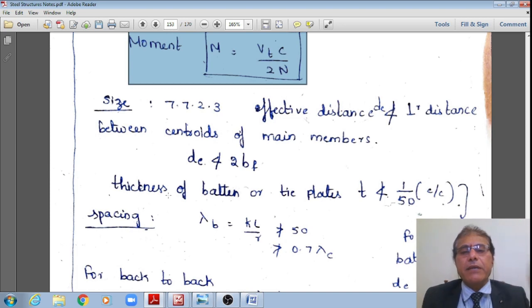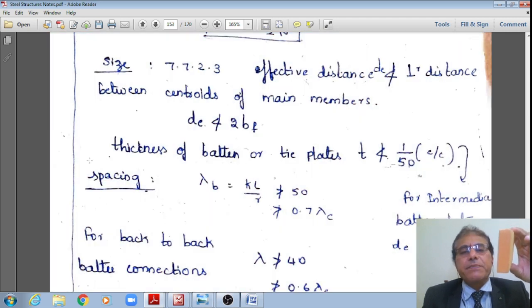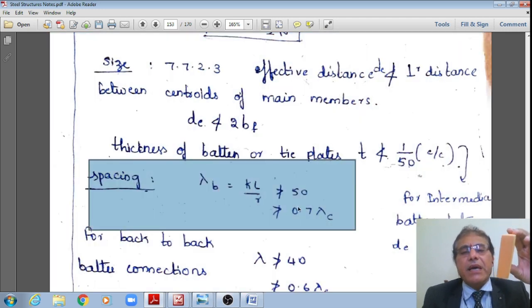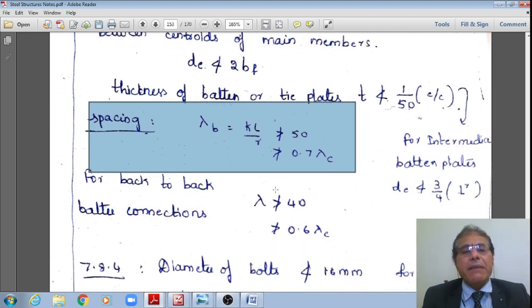The thickness of this batten or tie plate should not be less than 1 by 50th of the center to center distance between the main members, and the spacing shall be such that lambda B equal to KL by R should not be greater than 50 or 0.7 times lambda C, right?